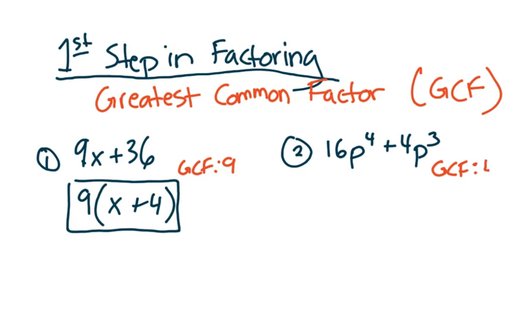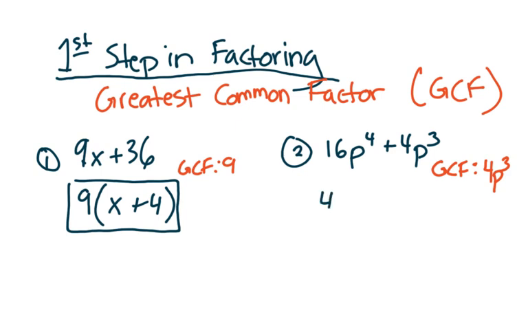So the number part would be 4. Now I need to look at my variables here. Both of them have p's, so I can factor out at least one p. The first term is a p to the 4th, and the second one's a p to the 3rd. So they all have at least 3 p's. So I can factor out a p cubed.